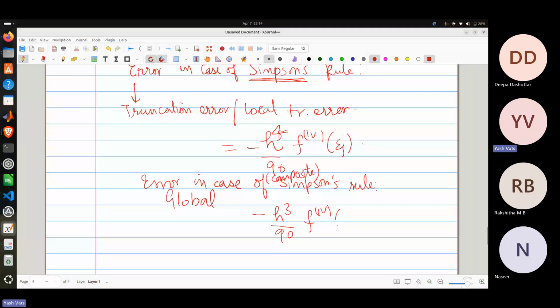So you basically multiply this term by n, and nh is b minus a, so n is b minus a upon h. So that terms cancel out to give this kind of approximation in this case.